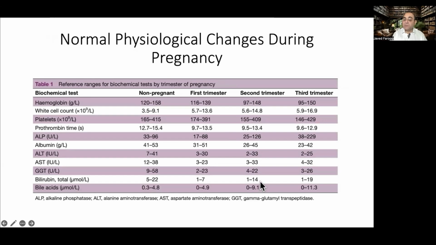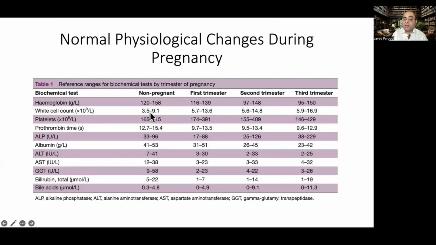Then in the second trimester, and then in the third trimester? For example, hemoglobin in non-pregnant ladies is between 12 to 15.8, while in the first trimester it dips down, more in the second, and the third remains the same.